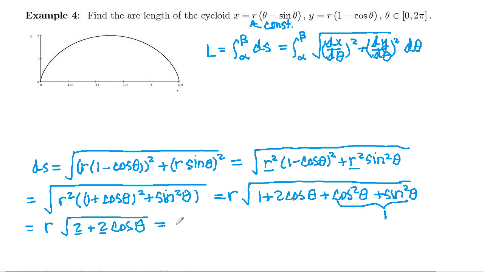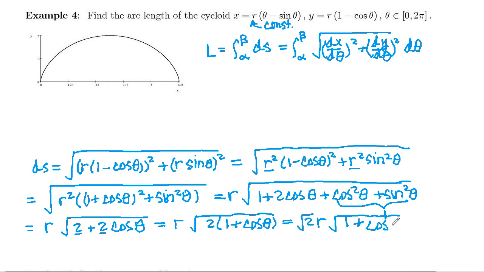So this will be r times the square root of 2 times (1 plus cosine theta). And then we can break the product apart, so it'll be root 2 times r, that's a constant, times root of 1 plus cosine theta. So that is what we're integrating.